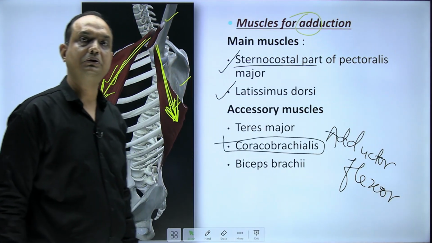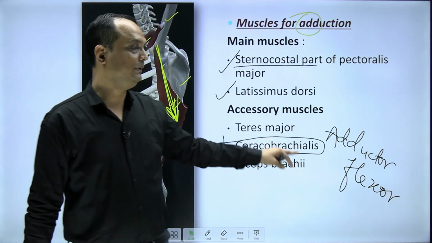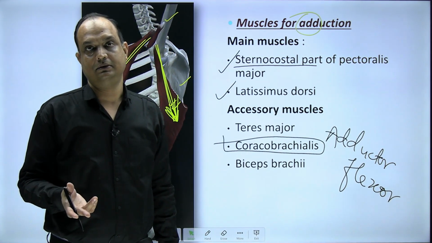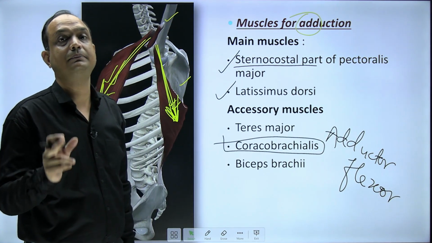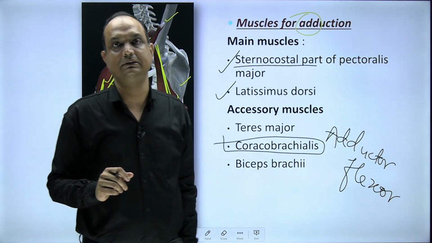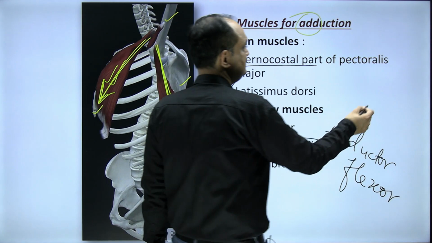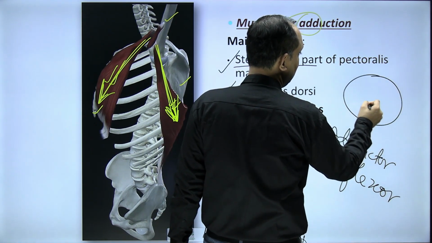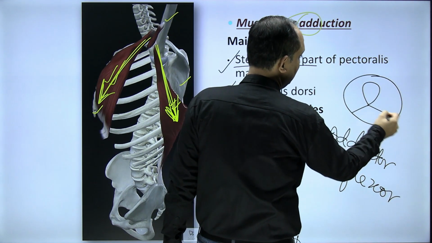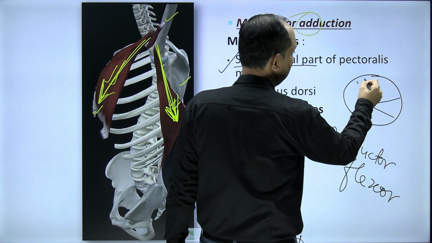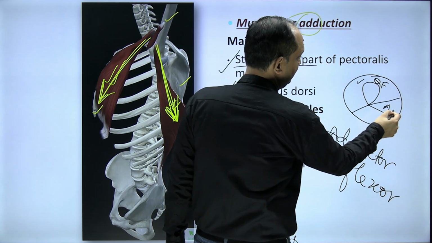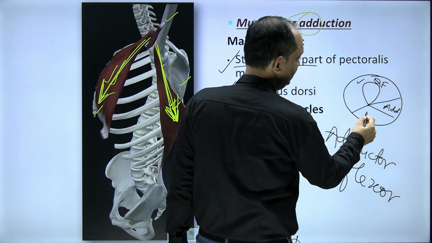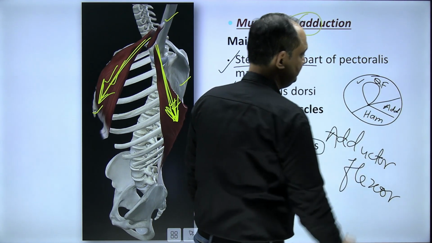It is a very important exam question whether coracobrachialis is an adductor or abductor. Here you have to understand that there are three compartments in the lower limb. If you compare with the lower limb, in the thigh you have the femur and three compartments. One compartment, anterior, has the quadriceps femoris, the medial compartment has the adductors, and the posterior compartment has the hamstring group of muscles.